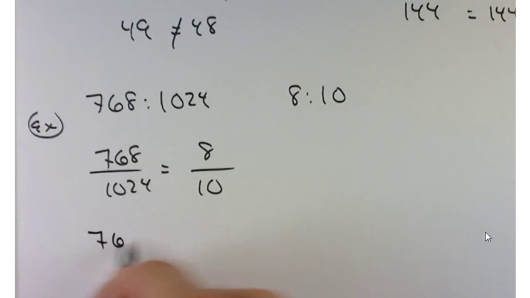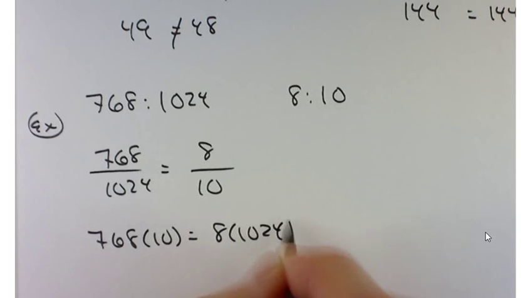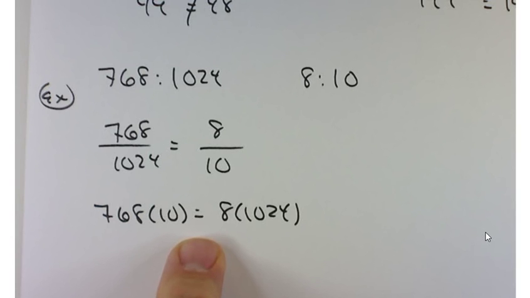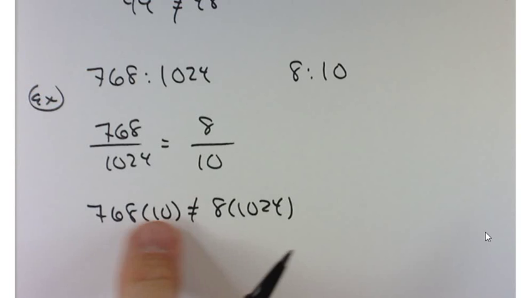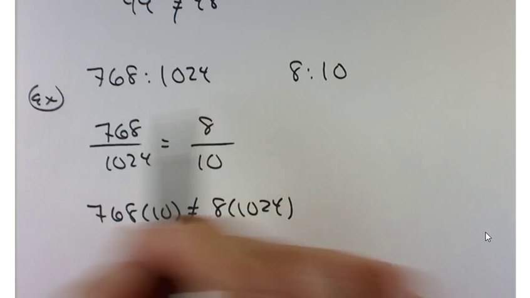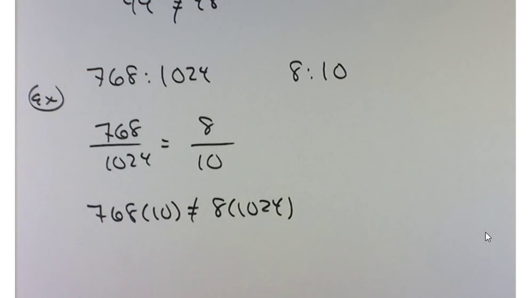So 768 times 10, 8 times 1024. Do I need a calculator to determine these are equal or not? They can't be, right? This would end in an 80, and this would end in something with a 2. So it's not a proportion. Basically, if you wanted to use this frame, you'd have to crop your photo somehow in order to make it fit. You wouldn't get the whole image.